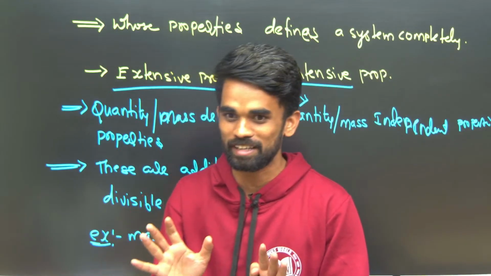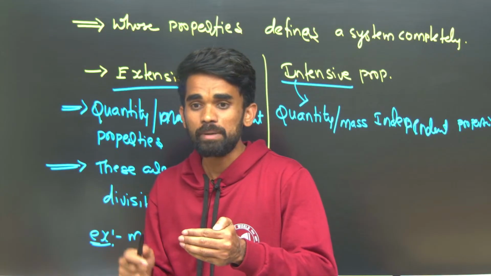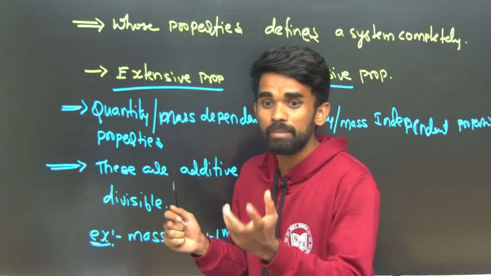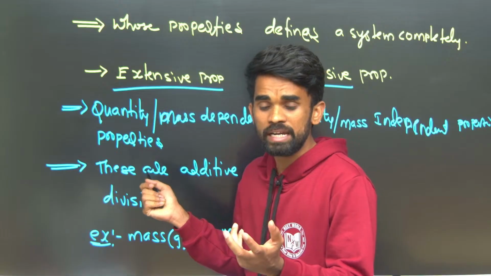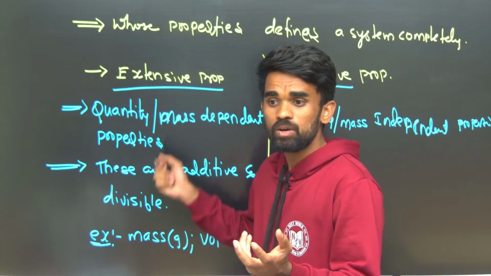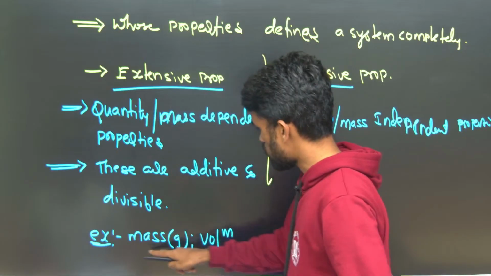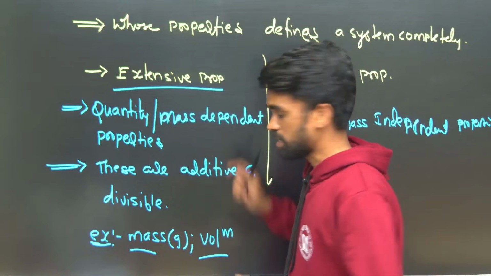So as quantity is changing, what happens to the mass? It is also changing. So mass or quantity dependent properties are considered as extensive. Weight or amount of substance is quantity dependent, so it is an extensive property. I am writing mass, volume, all this comes under extensive properties.